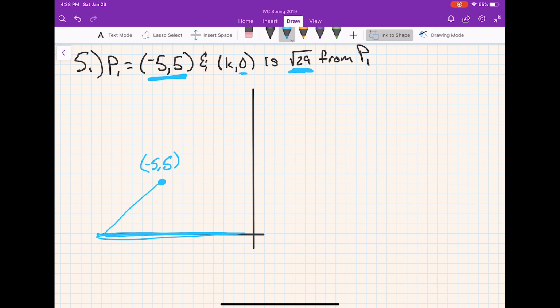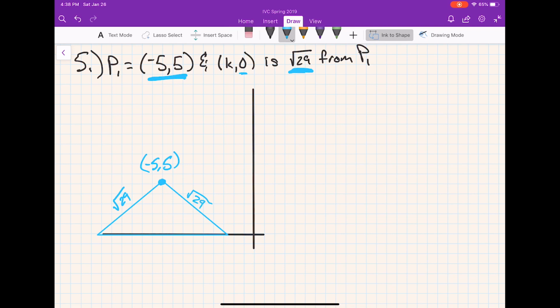So I need to find the point on the x-axis that makes this triangle. Oops, hit my volume key there. Sorry about that. So this leg here is square root of 29. And this leg of the triangle over here is also square root of 29.